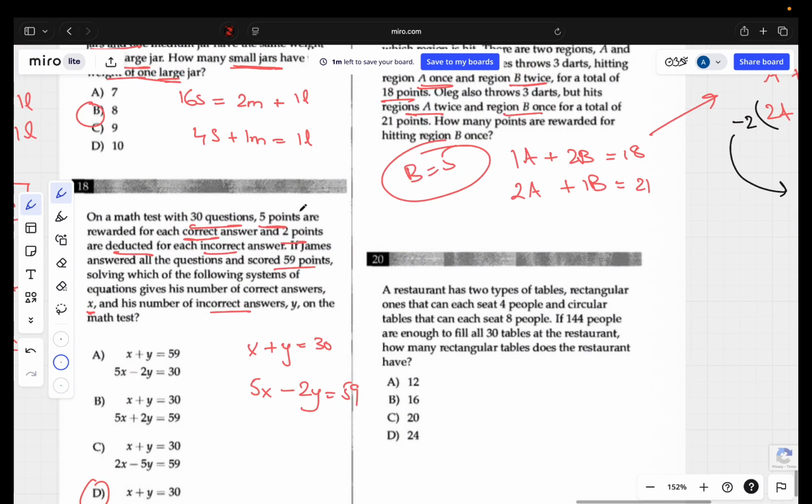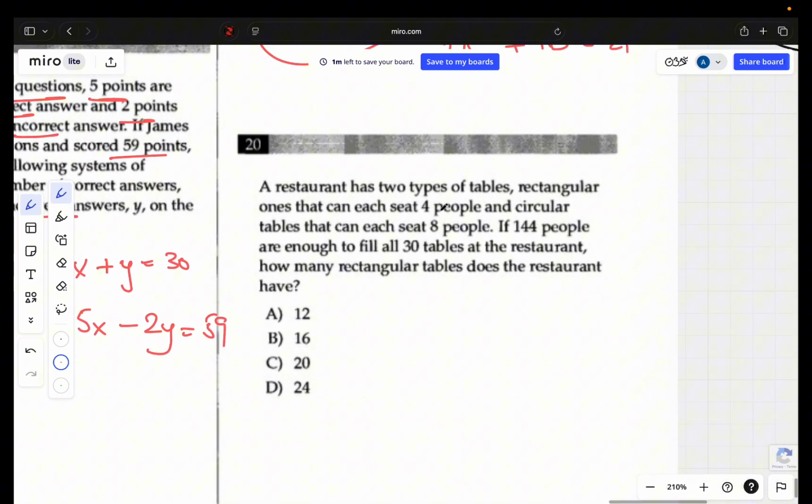And then we have question 20. It says we have a restaurant with 2 types of tables. We have a rectangular table that can seat 4 people and a circular that can seat 8 people. We have 144 people in total, and we have 30 tables. So let's say x is rectangular, y is circular. In total, we have 30 tables, so x plus y is 30. The number of people at the rectangular tables is 4x, and the number of people for the circular is 8y, which equals the number of people, 144.